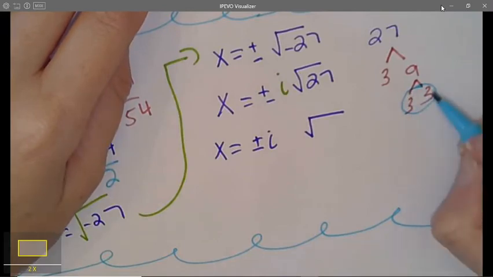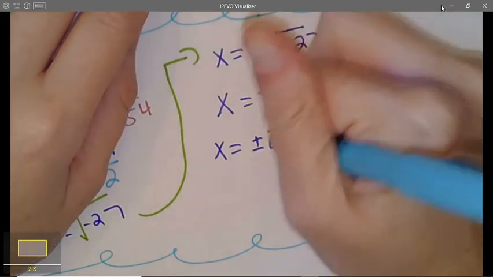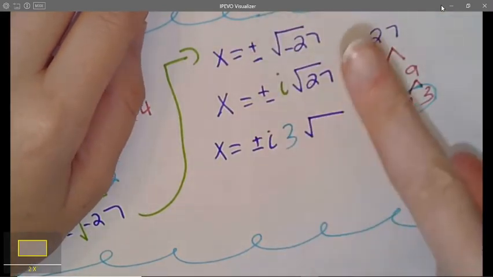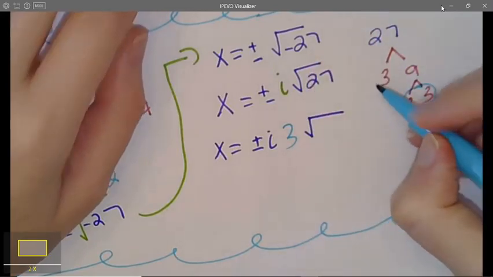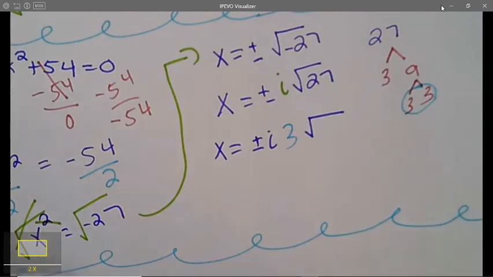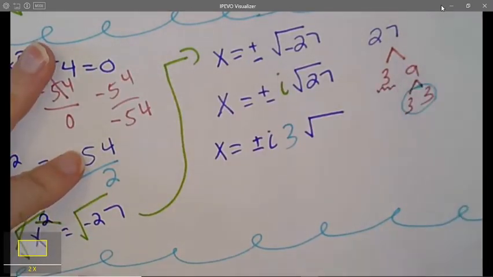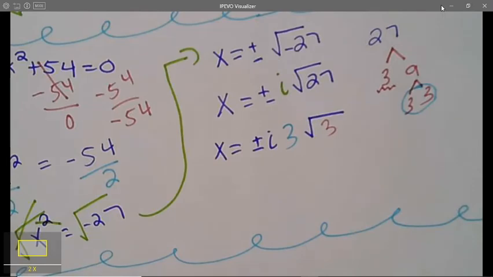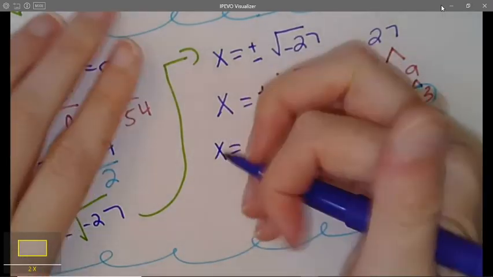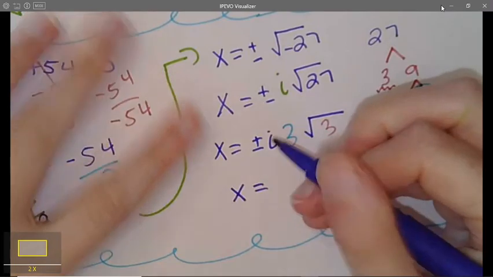So my pair of threes will hop outside my square root, and don't forget only one will hop outside. Then my lonely single number has to stay inside my square root. That lonely single 3 will stay inside. For my final answer, I'm going to write x equals a positive.